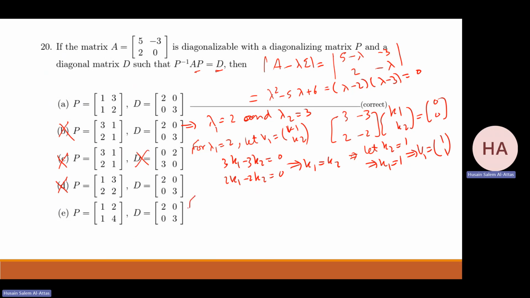Now for lambda 2 equals 3, I let V2 be K1, K2. The system will be 2 minus 3, 2 minus 3.